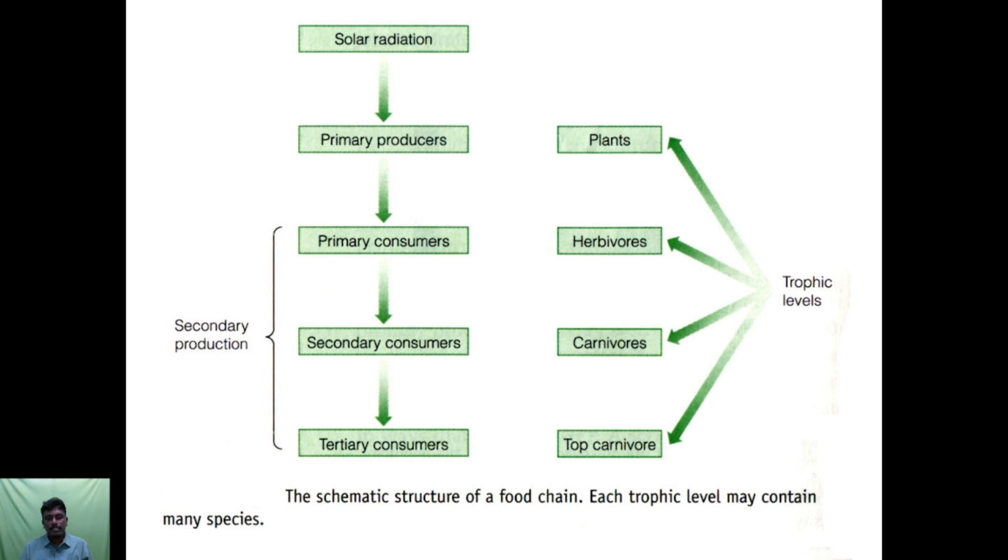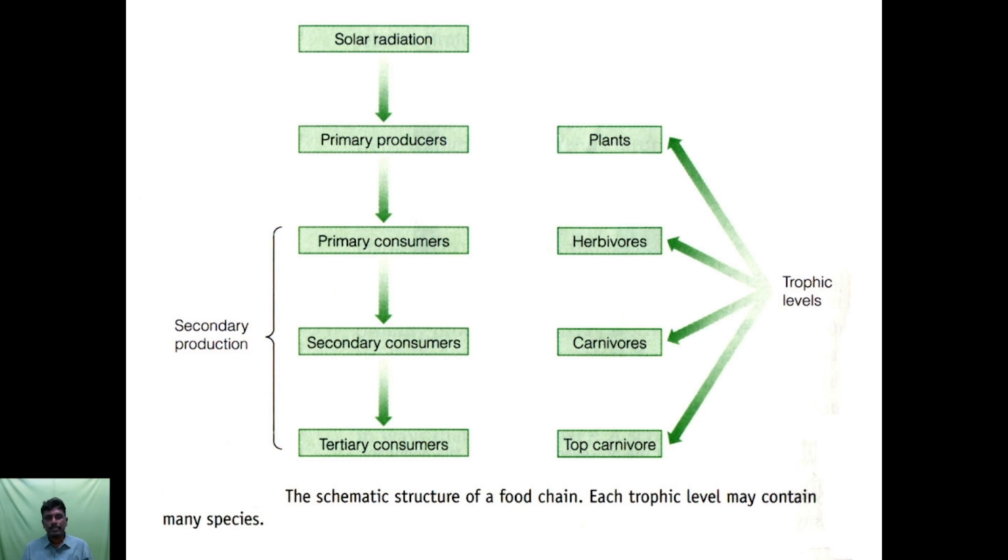This is the schematic structure of a food chain. Each trophic level may contain many species. In trophic levels we have different stages: plants, herbivores, carnivores, top carnivore. From the energy level, solar radiation, then primary producers.